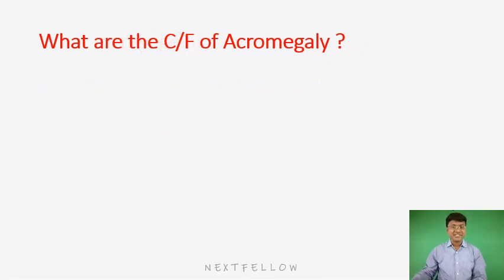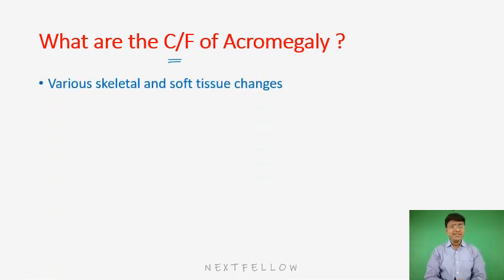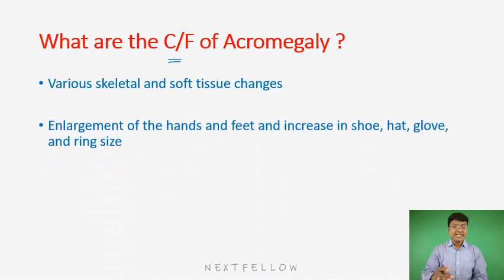The next important question is, what are the clinical features of acromegaly? You have the skeletal manifestations and the soft tissue manifestations. In the skeletal manifestations, you mainly observe the extremities, where there will be enlargement of the hands and the feet.